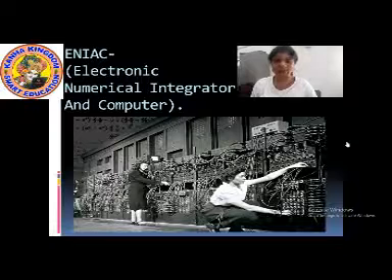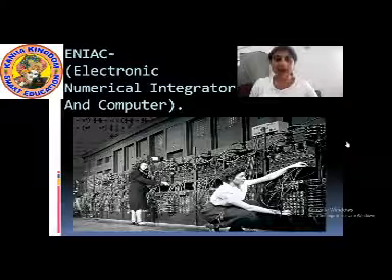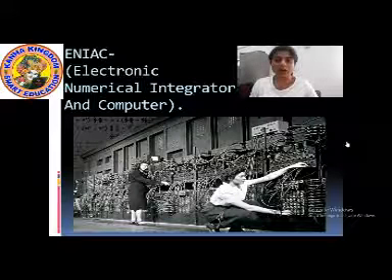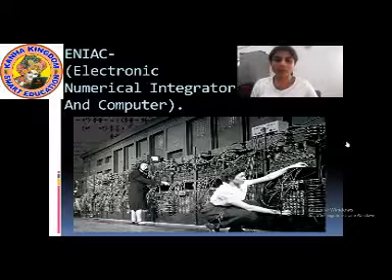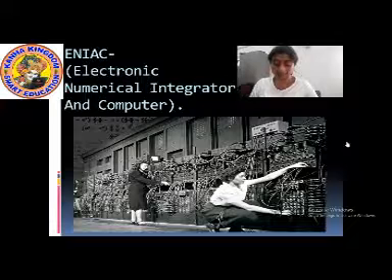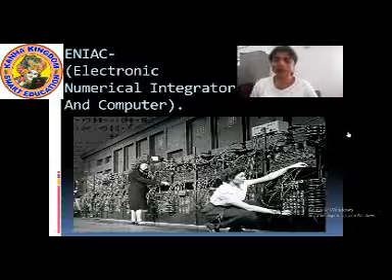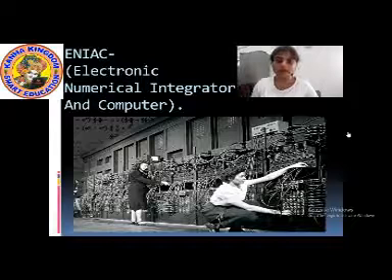But this is a little less than the Mark 1. The weight of Mark 1 was 50 tons, but the weight of ENIAC is only 30 tons. But it is also a big computer. These computers were used to design atomic weapons.